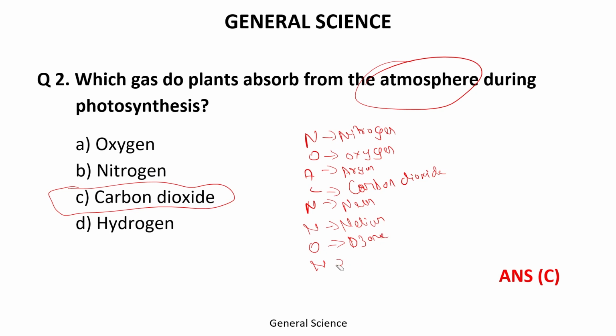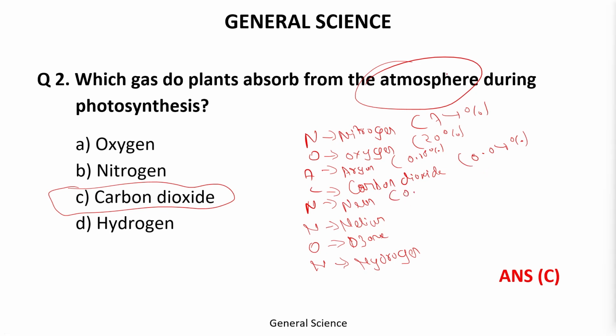And this is the hydrogen. And if we talk about their composition, nearly 78% is nitrogen, 20% is oxygen, 0.93% is argon, 0.04% is carbon dioxide.